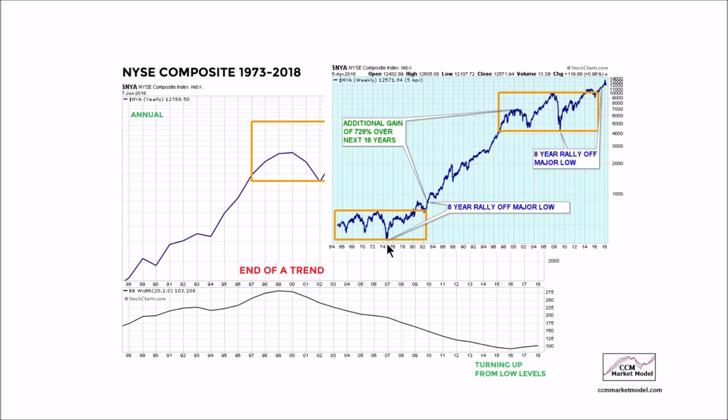In the mid-1970s, we have an 8-year rally off of a low. It would seem logical at this point to say this can't continue. In this case, after a long-term consolidation period, a bullish breakout, a successful retest, and a higher high, not only did the rally continue after this 8-year move, but it continued for 18 years, and the market tacked on an additional 729%.